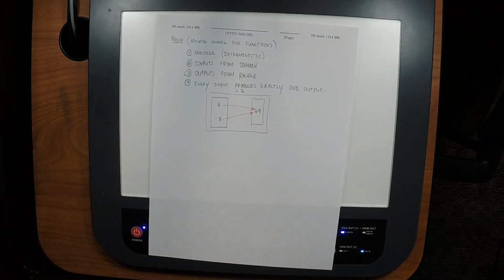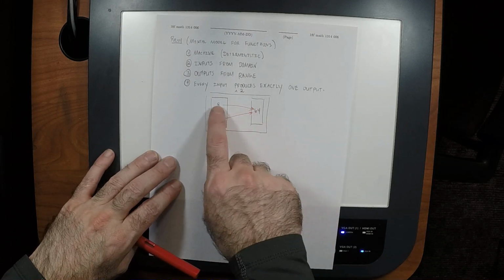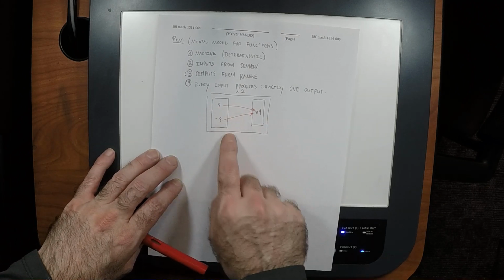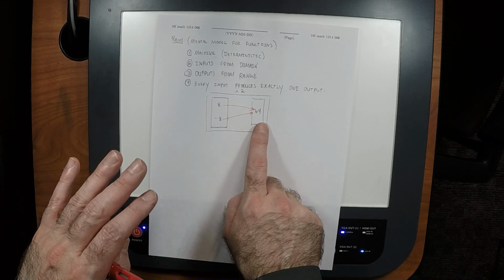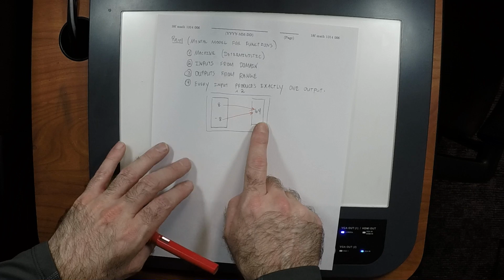So does this satisfy the rule that every input produces exactly one output? It does, right? Because visually what that means is that there's one arrow leaving all of these. Notably, that doesn't mean that there's one arrow arriving. The definition says nothing about that.